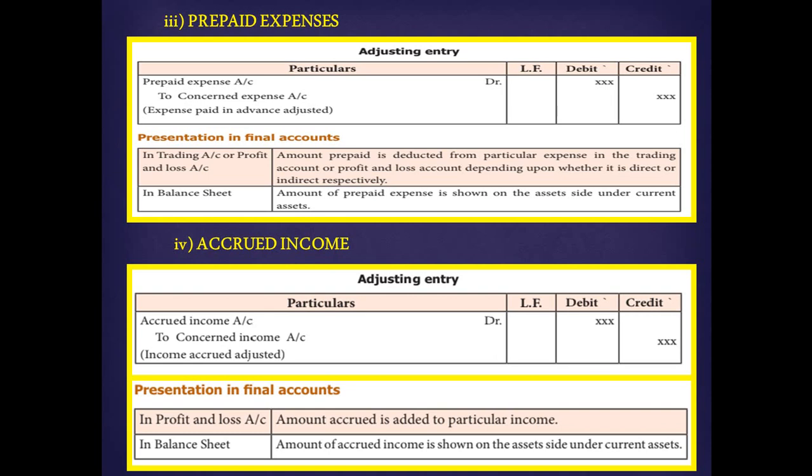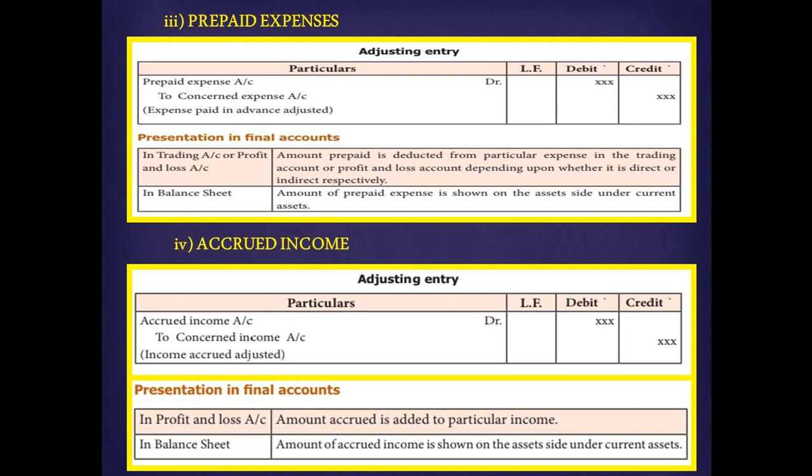These are also called unexpired expenses, and the adjustment entry is prepaid expenses account debit to expenses account. Prepaid expenses account is shown on the asset side of the balance sheet and is shown as a deduction from the respective expenses account in trading and profit and loss account.